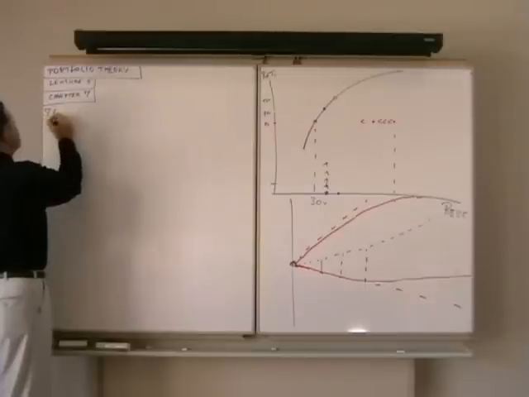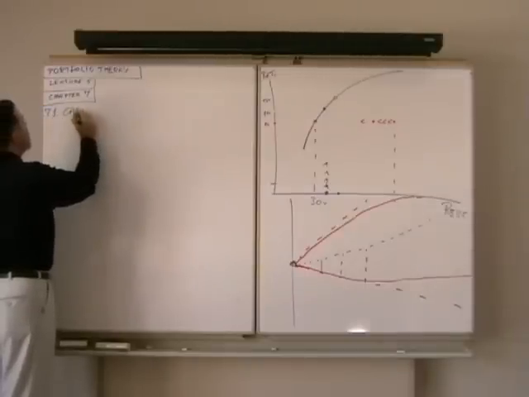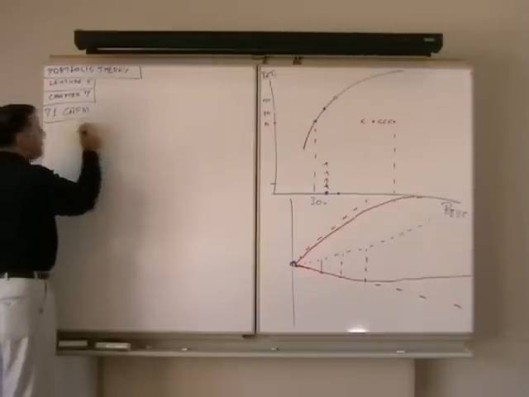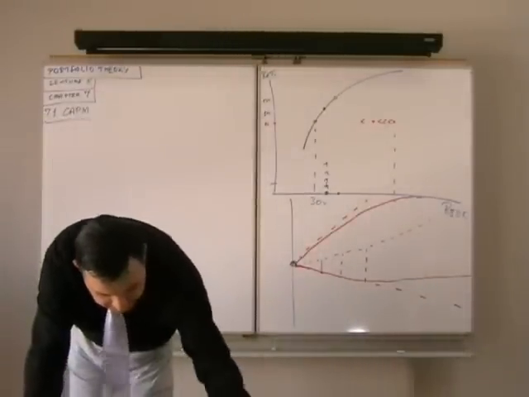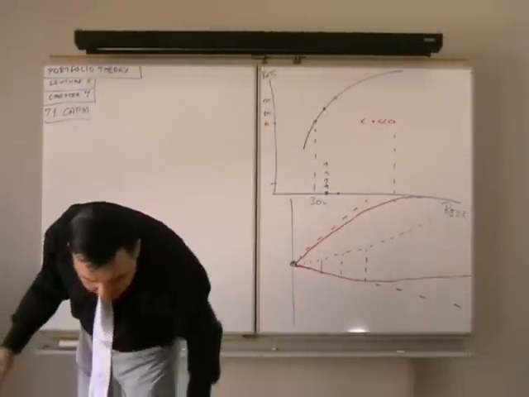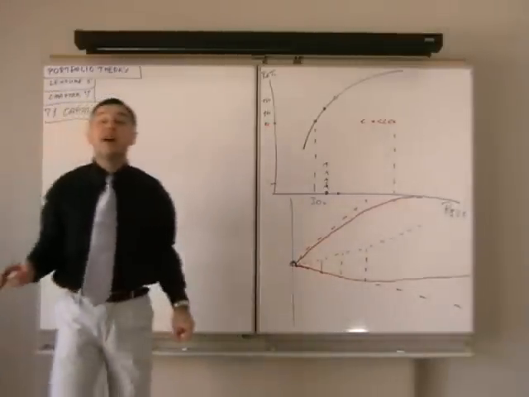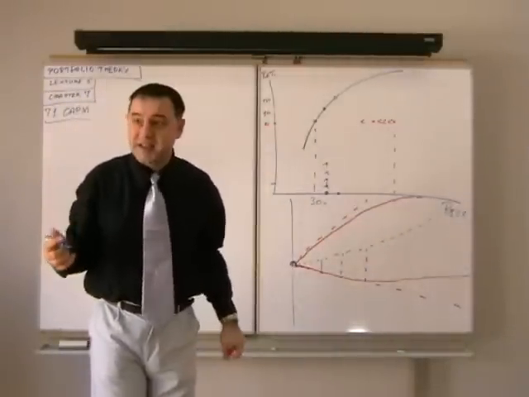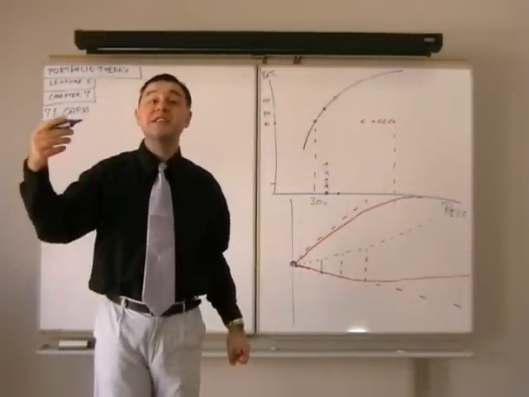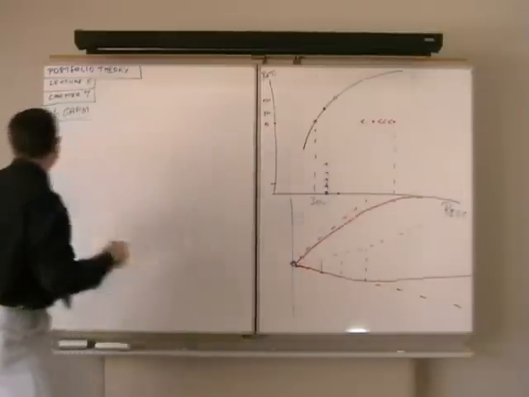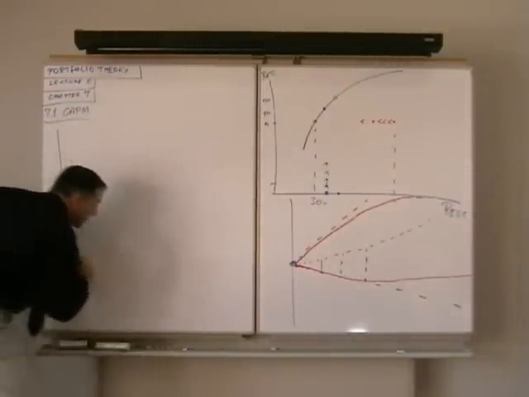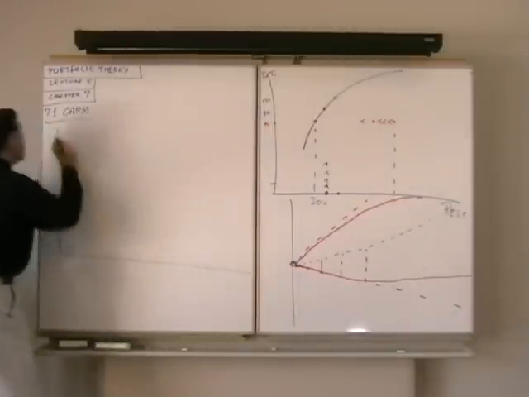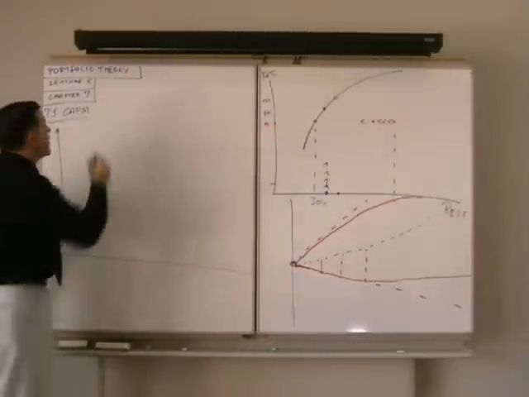And 7.1 is capital asset pricing model. So, what is the capital asset pricing model about? Capital asset pricing model is basically what we studied so far last time, and it includes a number of assumptions.